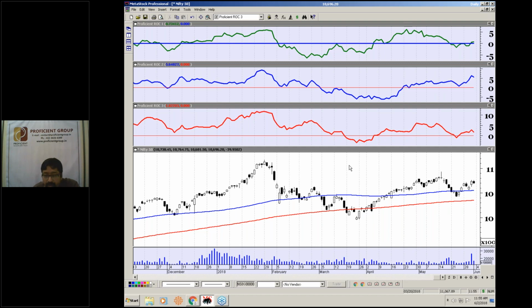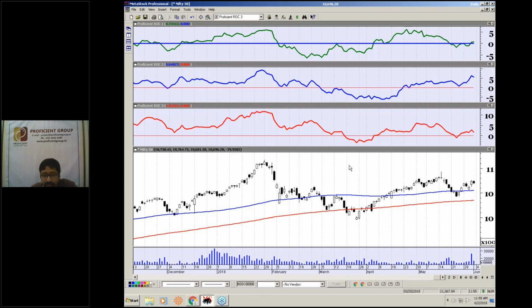So here is the 100-day ROC, as you can see on my chart, and that is drawn in red. And with this, we have calculated the ROCs of 3 different time periods, right?